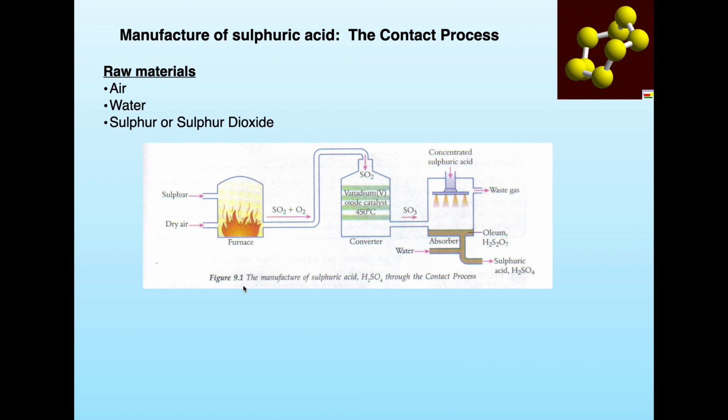Now, if we've got sulfur, then obviously we have to burn it with air to make sulfur dioxide to start with. Okay, so we make our sulfur dioxide, or we get sulfur dioxide from somewhere else, and then we mix that sulfur dioxide with more air, more oxygen, and we pass it over a catalyst of vanadium 5 oxide. Look at the temperature, 450 degrees C, just like the Haber process.